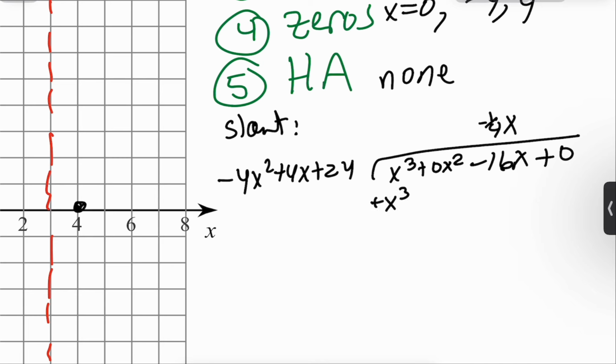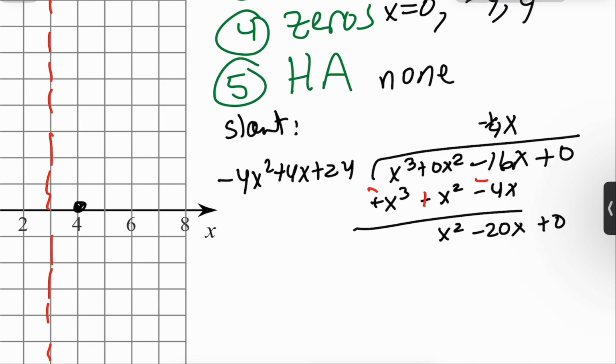Negative 1/4 x times 4x is negative x squared. Negative 1/4 x times 24 is negative 4x. But we are subtracting, so change the signs of all of those. And we get x squared minus 20x plus 0.